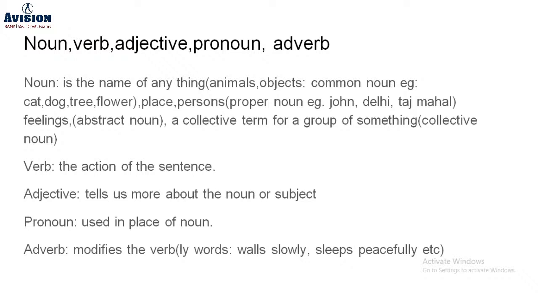And there are again various kinds of adjectives, like qualitative, quantitative, and various other kinds, which we will be talking about in another video. But the basic thing is that the function of an adjective is telling you more about the subject.